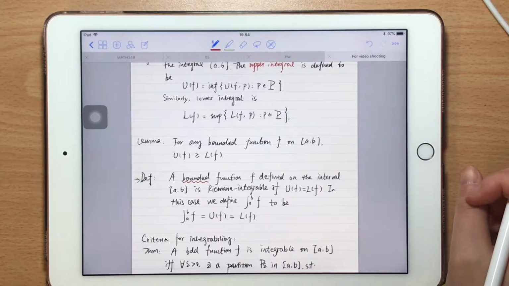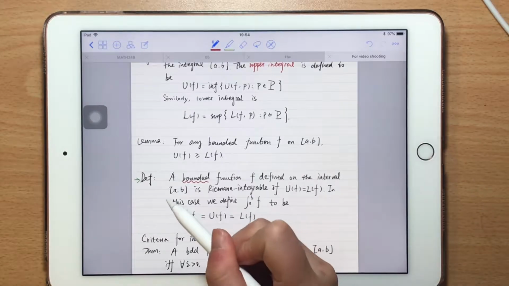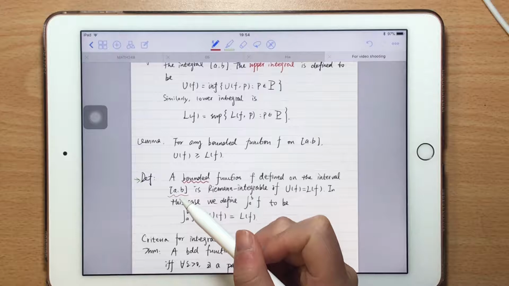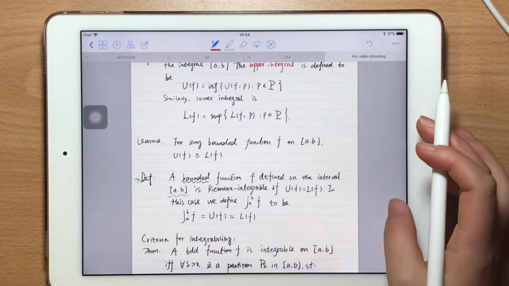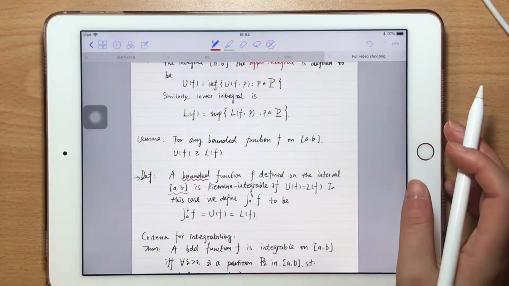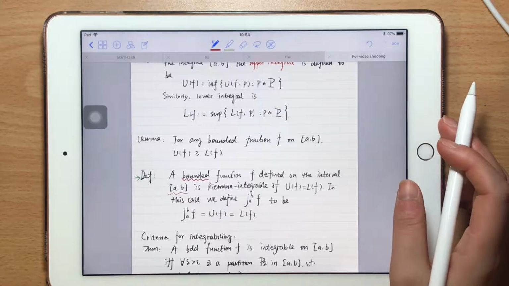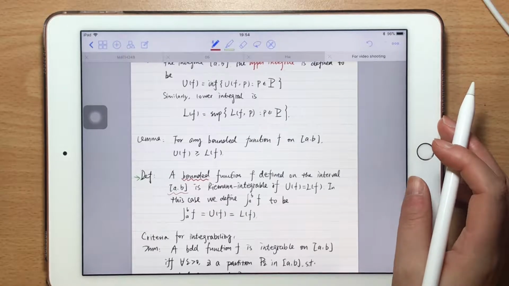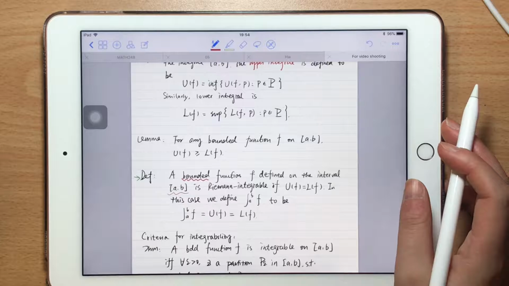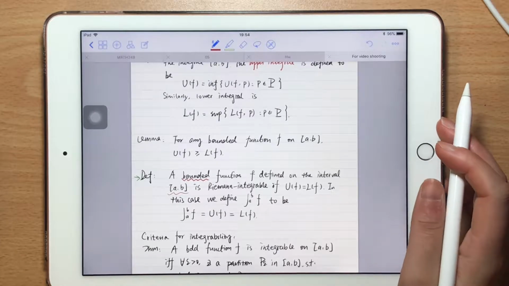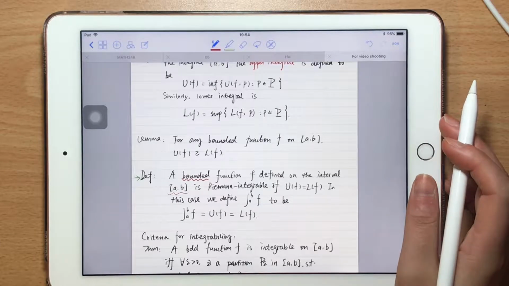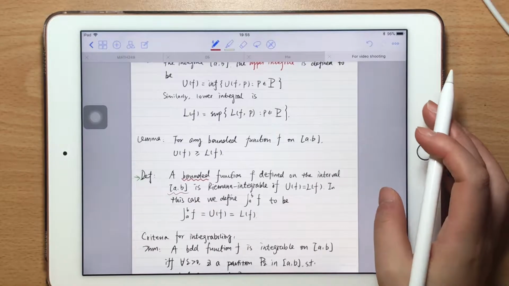So a bounded function f defined on an interval AB, where the interval is a compact interval, is Riemann integrable if the upper integral equals its lower integral, and the value of the integral of the function will be equal to its upper and lower integral, right?